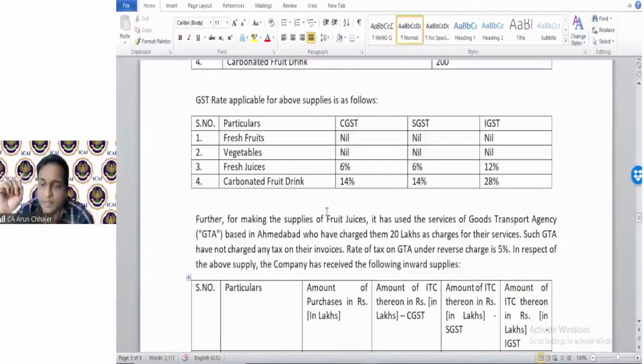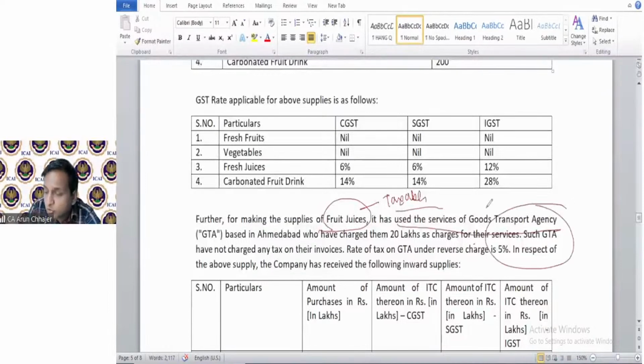Let me answer. See, it is not the case that on the RCM you are not required to apply the rule 42-43. You have to apply. But then in that case, why I have added after that? Because in this example, they are saying that use the service of the GTA for fruit juices, and fruit juices are completely taxable.